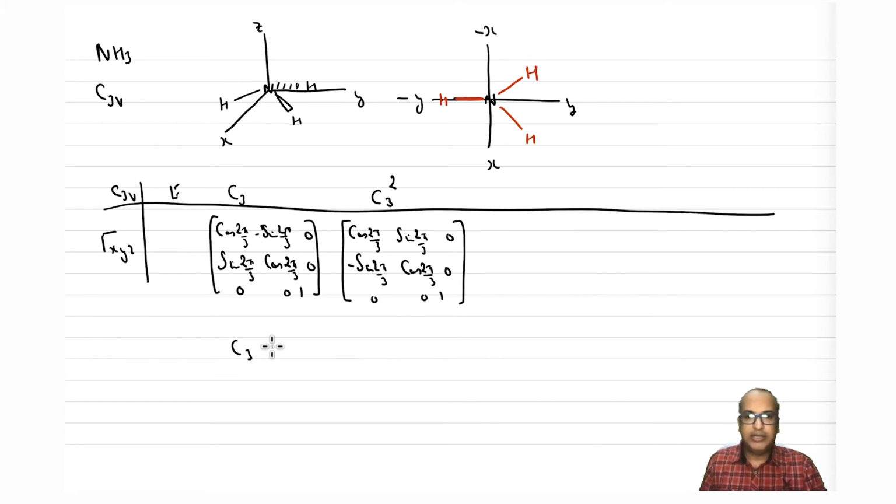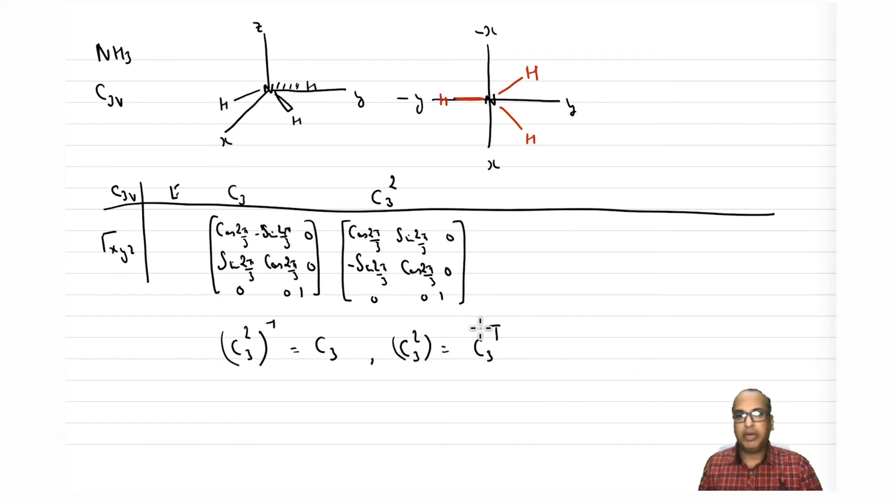So I said C3 square is the inverse of C3, and in this case the inverse can be written simply as C3 square is equal to C3 transpose. By transpose I mean changing the rows into columns and columns into rows. Why is that?